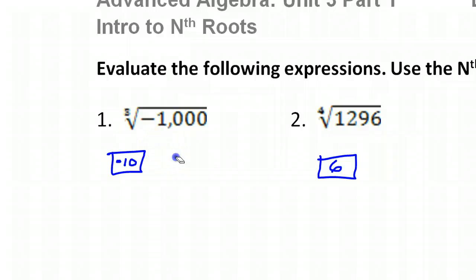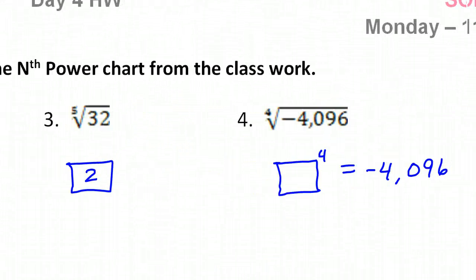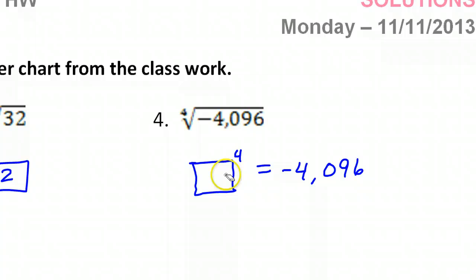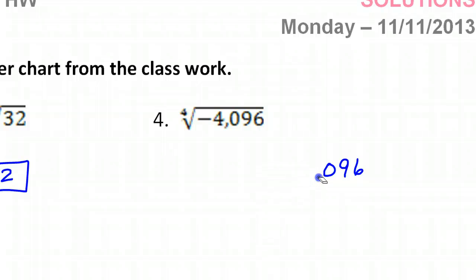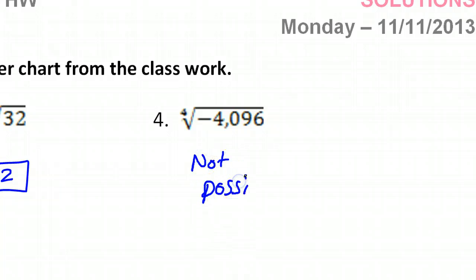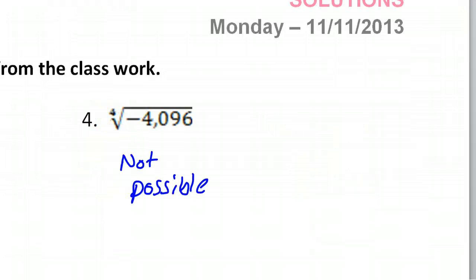But with an even power, because of the whole negative times negative is a positive thing, there's no way we're going to get a negative number. So we will just put not possible. In short, if you see an even root on a negative number, you know it's not possible.